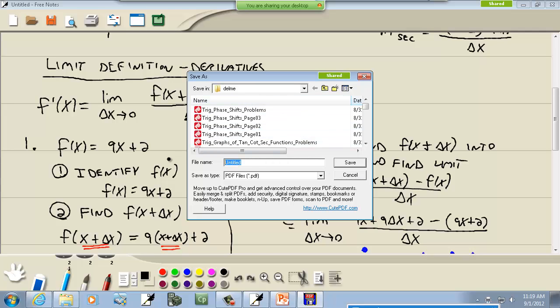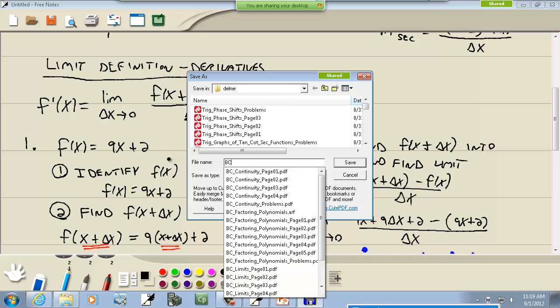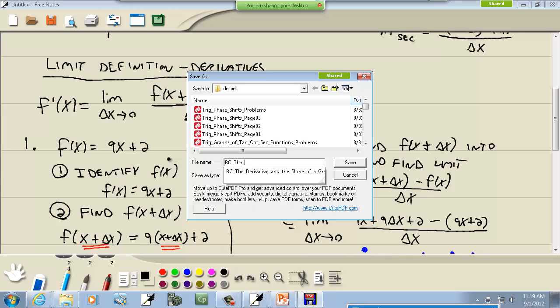Okay, so the derivative and the slope of a graph, page 01.